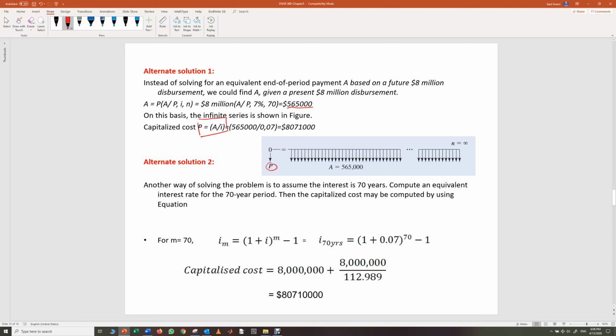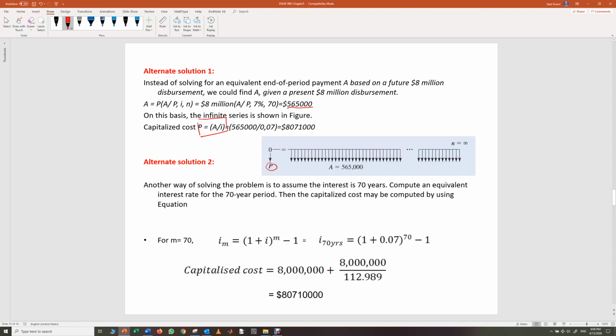Another way to solve the problem is to assume the interest is for 70 years, compute an equivalent interest rate for the 70-year period, then the capitalized cost may be computed by using the equation.